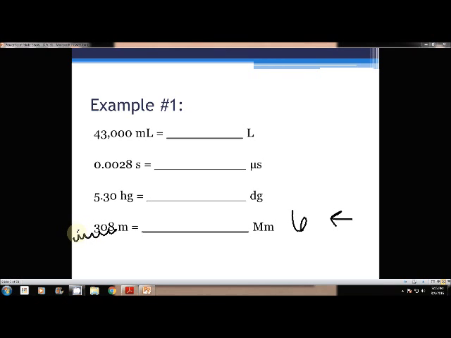Okay. So I'm going to start from the back. So I have 308, and then I have 1, 2, 3 more zeros to put in before my decimal. Okay. So at this point, if you want to leave that like that, 0.000308, perfectly fine.